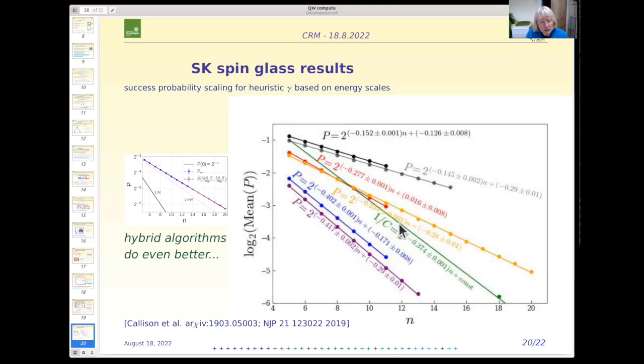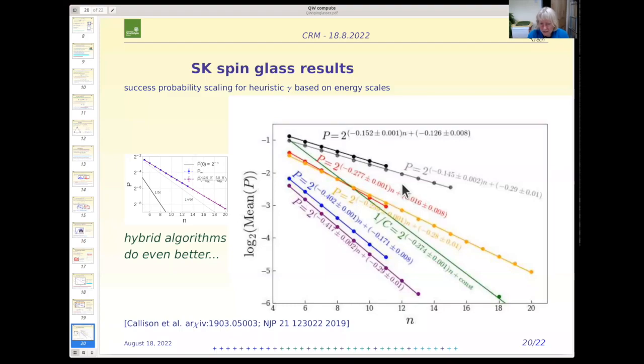And Ashley Montanaro at Bristol took this branch and bound algorithm, put a quantum search subroutine into it, and got the square root of that. So about 0.18, which I haven't drawn on here. It's somewhere below this one. So we have some rather impressively good alternative classical and hybrid classical quantum algorithms.